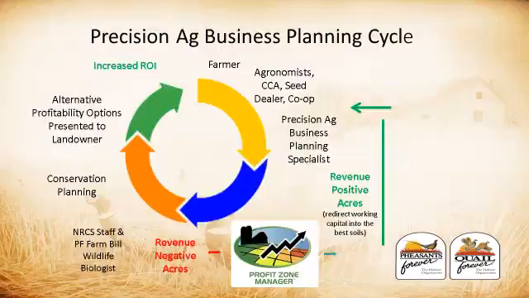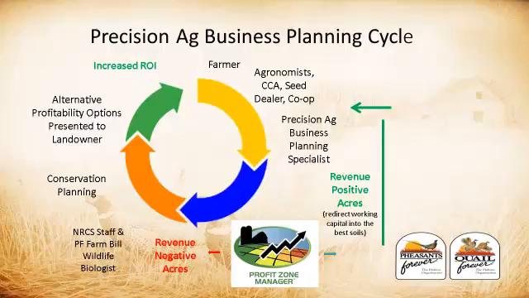One way to do that is using a precision ag business planning cycle where we target areas by working with the farmer, CCAs, agronomists, or other precision ag specialists. We find the revenue-producing acres that they're doing well on, producing good crops and good numbers.